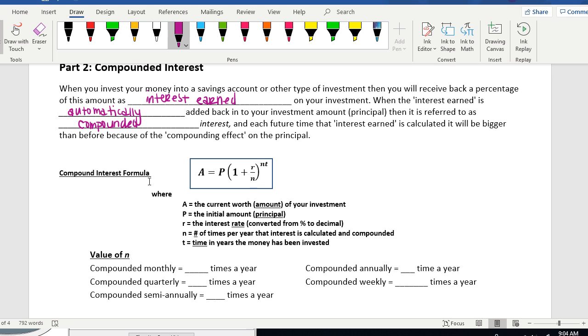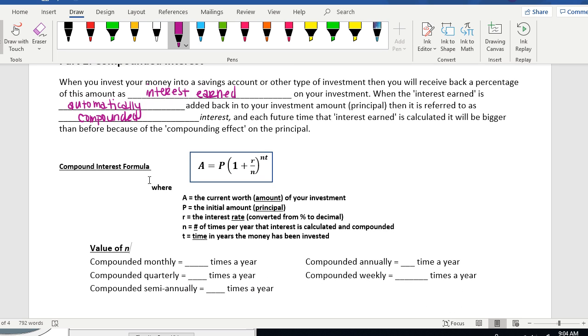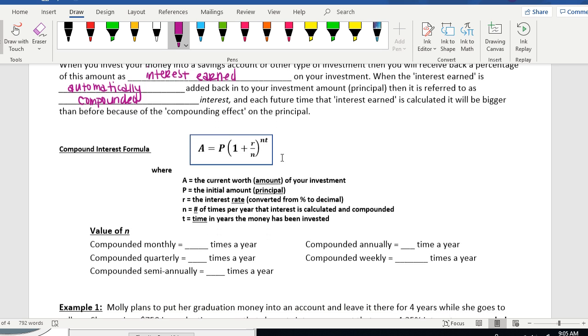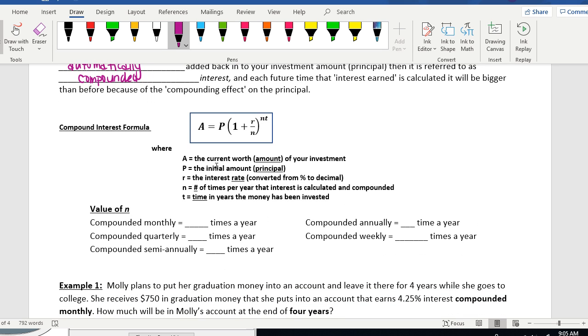Okay, and here is your compound interest formula. And you are given this, so you don't have to memorize it. A equals P times 1 plus R over N raised to the N times the T. A is the current worth of your investment. Okay, so that's what we're going to be finding out.